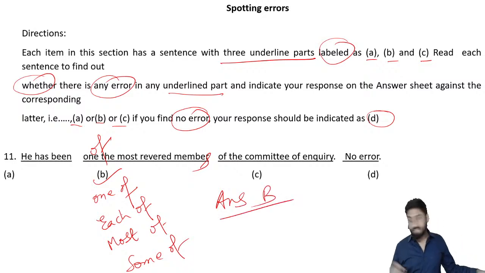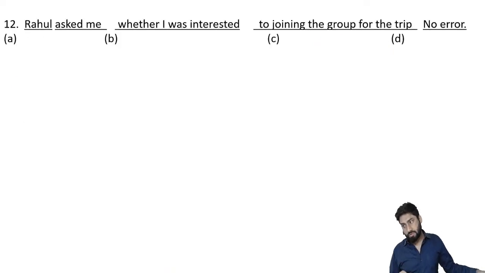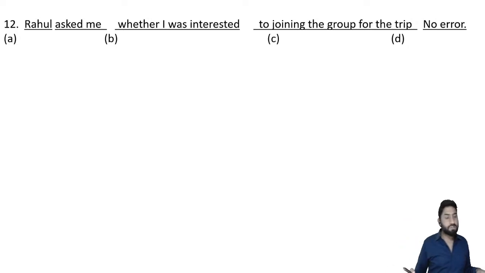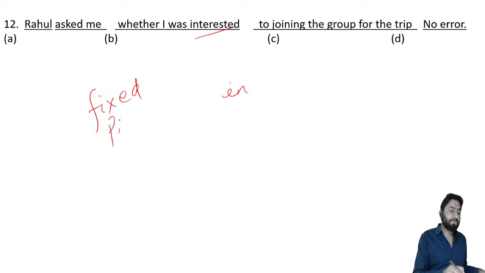Now, coming back to the next one, let's check the second question. Rahul asked me whether I was interested to joining the group for the trip. The moment you see "interested", you must be familiar with the fixed preposition which we study in the class.